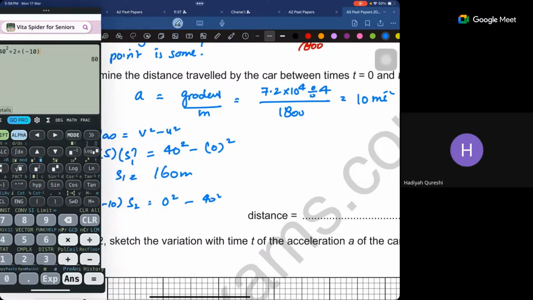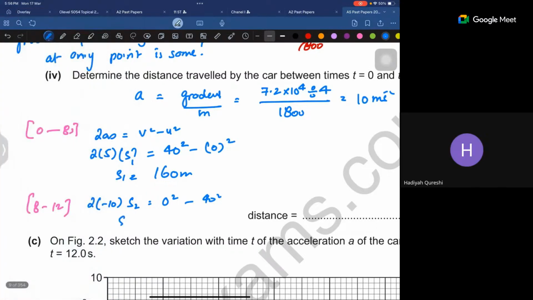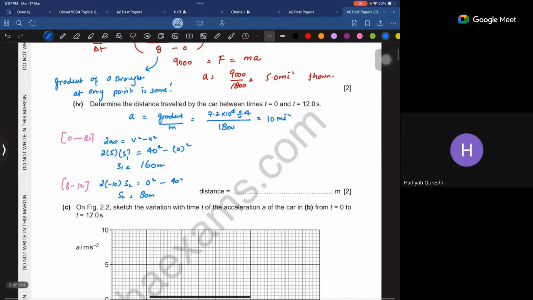So I think it's going to be 80. And the total distance is S1 plus S2, which is going to be 240 meters. So that should be the answer, actually. I'm sure there must be some better ways of doing this, but I don't know. With time, we'll learn.